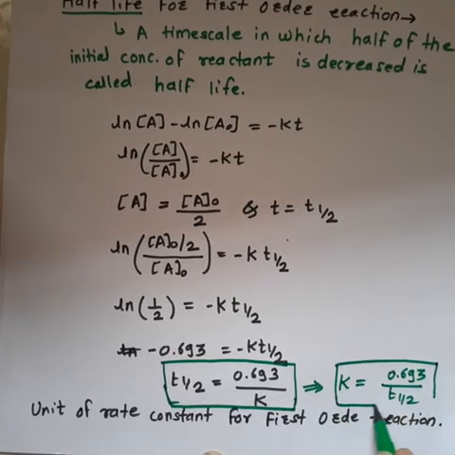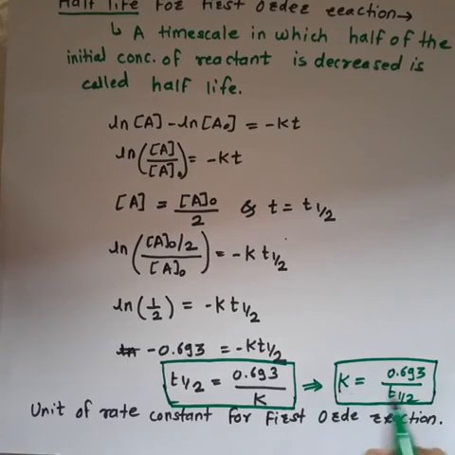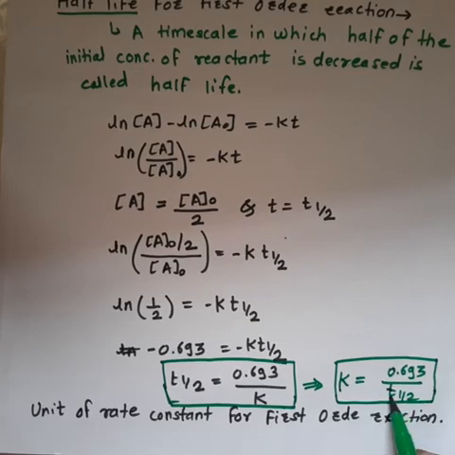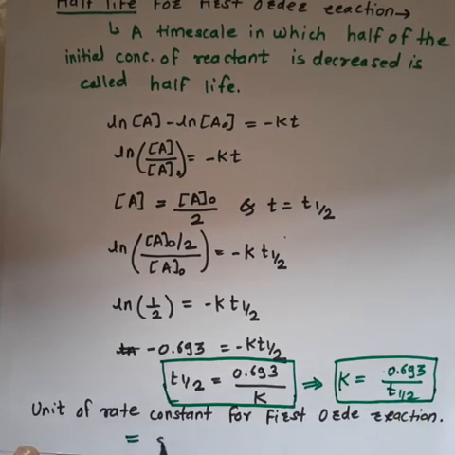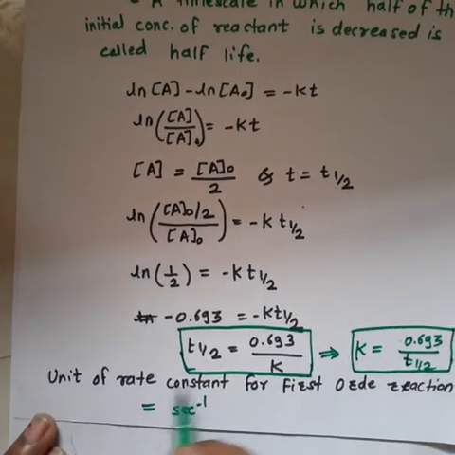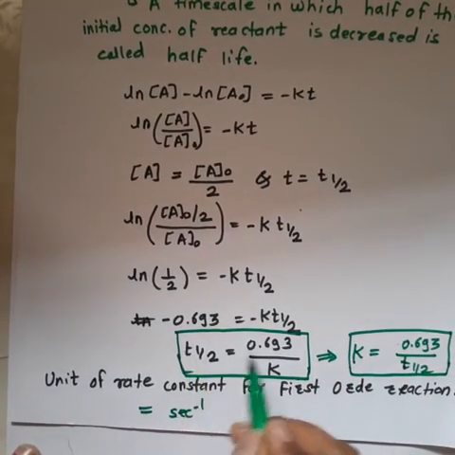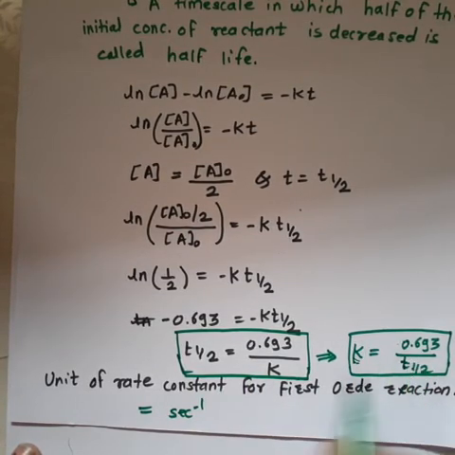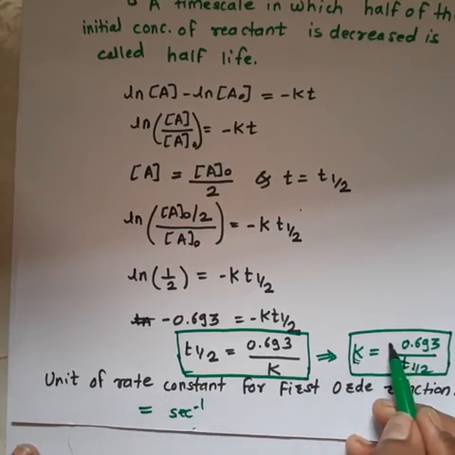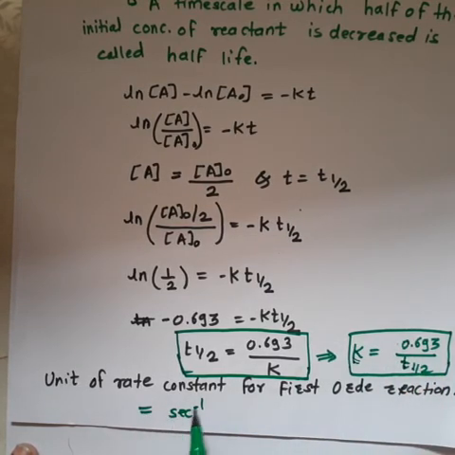So k is a rate constant, 0.693 is a constant. So what is the unit of t1/2? That is time. The unit of time is second. So the unit of rate constant for the first order reaction is second inverse, because t1/2 is in the denominator. So from the half life equation we can also find the unit of rate constant for the first order reaction, because 0.693 is a constant. So unit is second inverse.